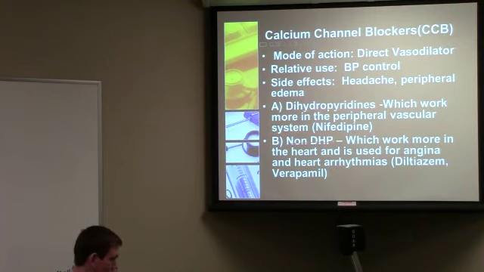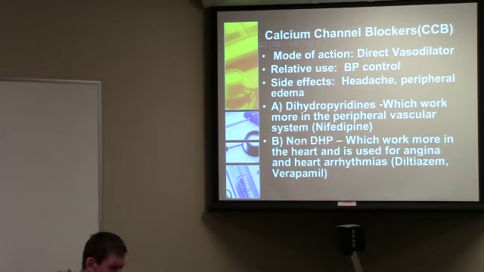So what are the differences? Dihydropyridine, you'll see this more in the peripheral vascular system. So this is going to be used more for a patient that has hypertension. A non-dihydropyridine works more in the heart, and you'll see this for patients who have angina pectoris, heart arrhythmias. Some examples: diltiazem, verapamil. Up here on dihydropyridine, I put nifedipine.